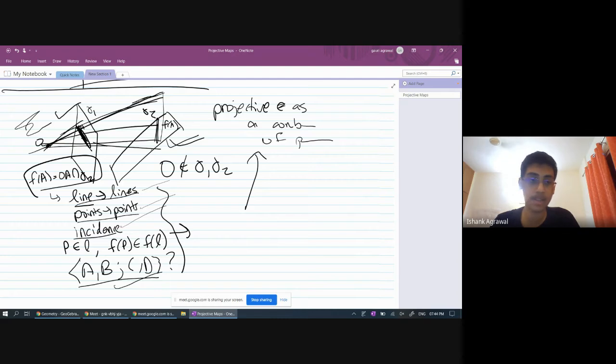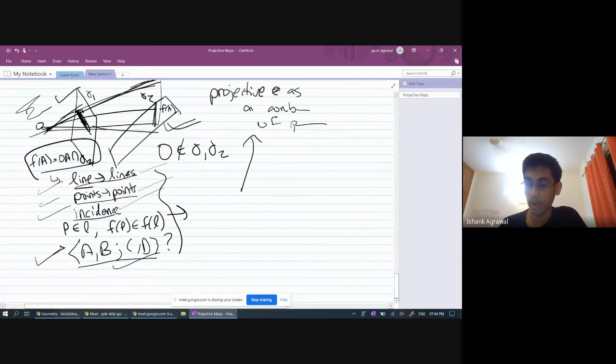You do understand what I'm asking, right? I'm saying that if we have a map that sends lines to lines, sends points to points, preserves incidence and also preserves cross ratio, then what's an example of such a map that you are familiar with? Rotation satisfies all of these because the distances are the same.